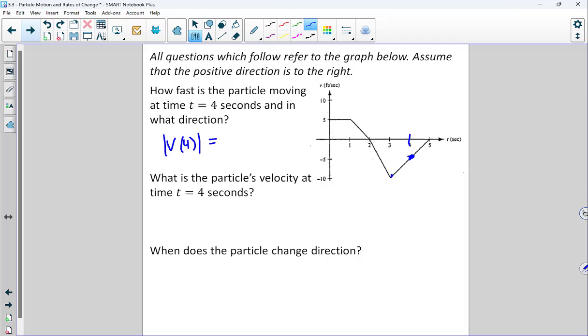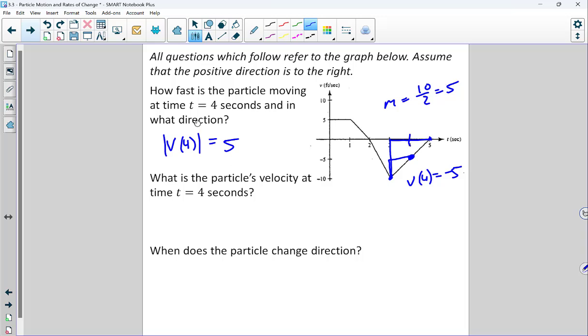I can see that this point is at 3, -10. I can see that this point is at 5, 0. If I go up 10 and over 2, the slope is 5. So if I go up 5 over 1, yeah, I'm happy with saying that v of 4 is -5. So that means the speed is 5.